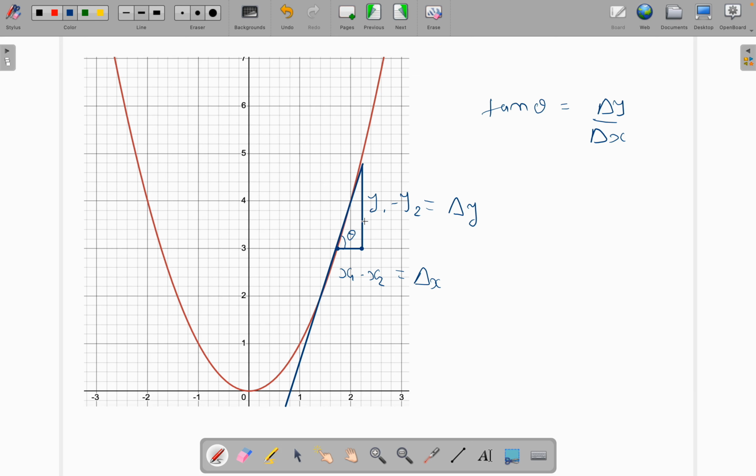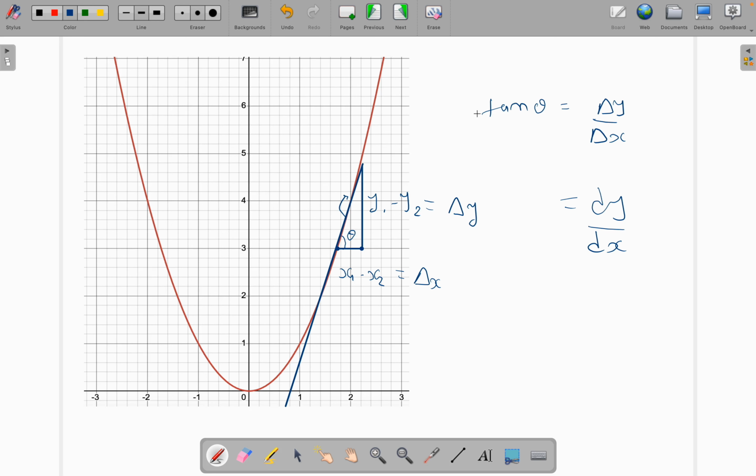Tan theta is basically this side divided by this side, and this is our hypotenuse. So dy by dx is the rate of change in y with respect to x.